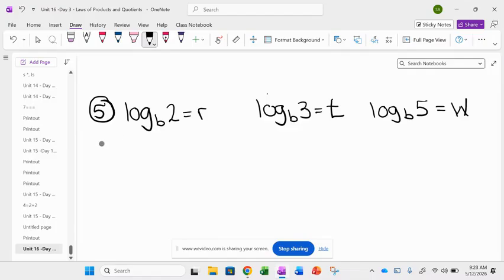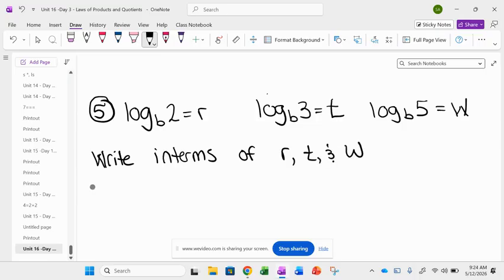And I want to write in terms of r, t, and w. Log base b of 15. Or sorry, log base b of 30.